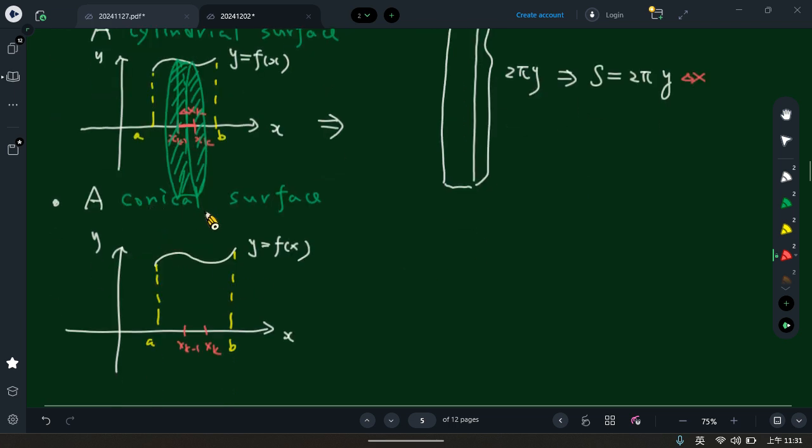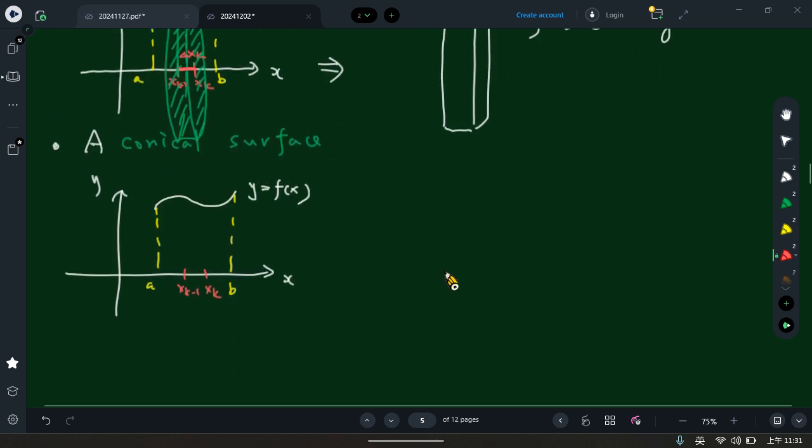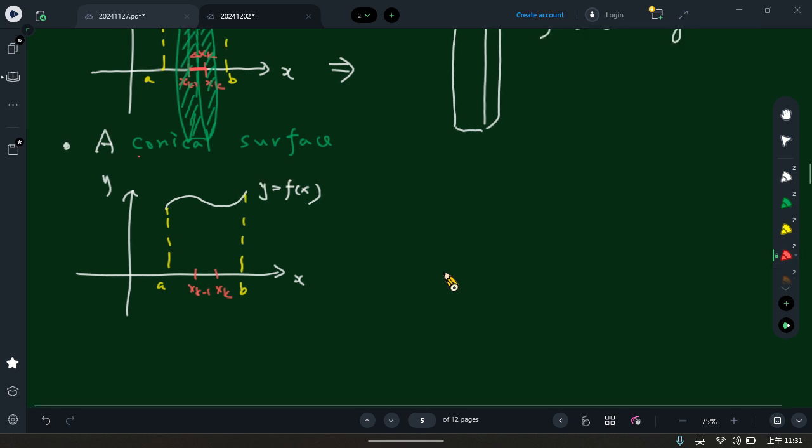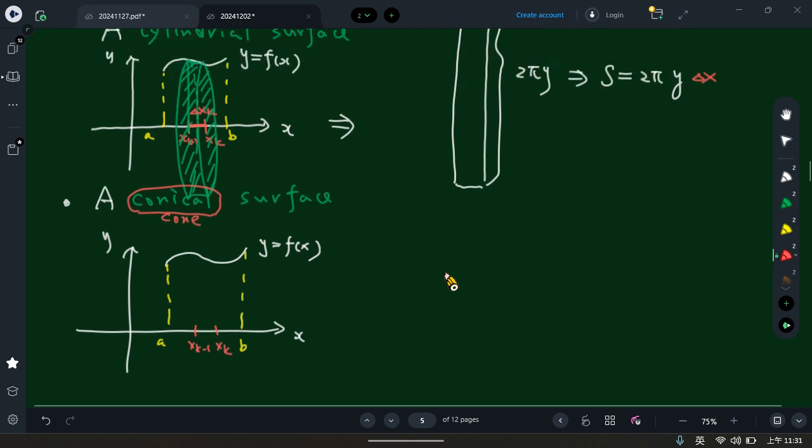But if you use the conical surface, that means it's based on the cone. For example, here is y1, here is y2.